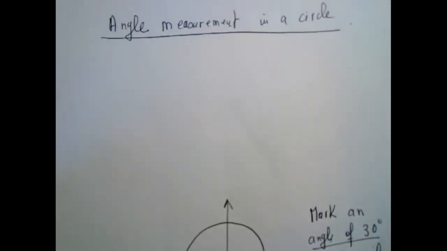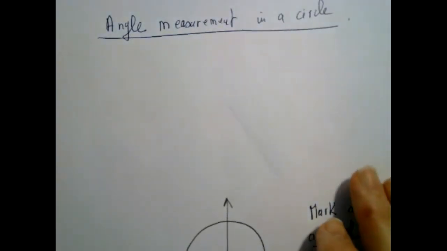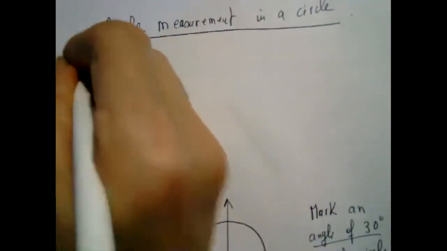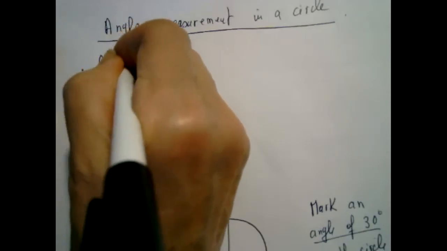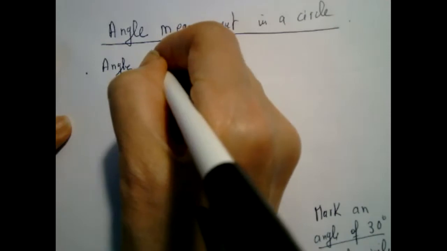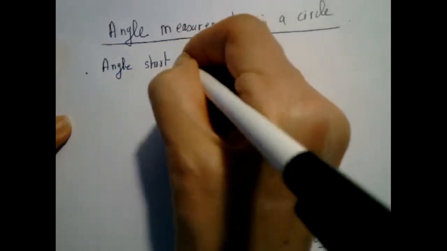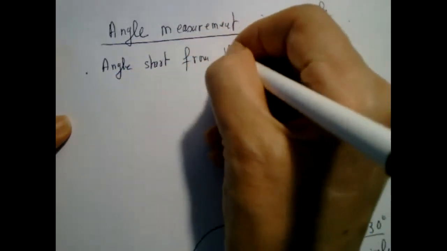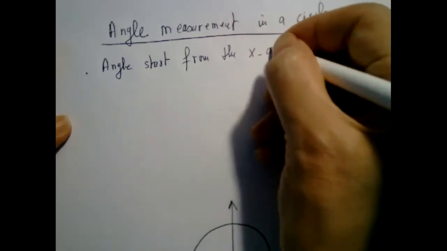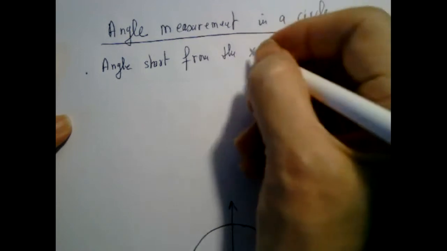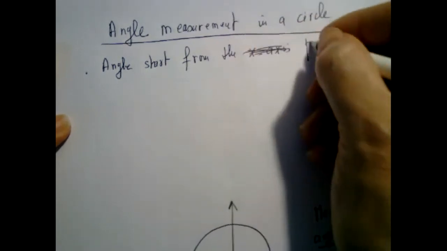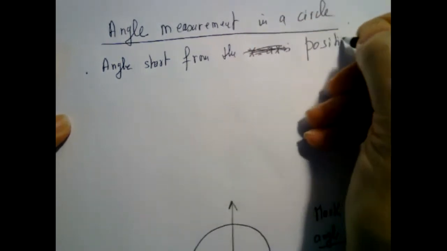So these are the conventions we use. When I tell you to mark angles on a circle, all the angles will start from the positive x-axis. You have to start counting them from the positive x-axis.